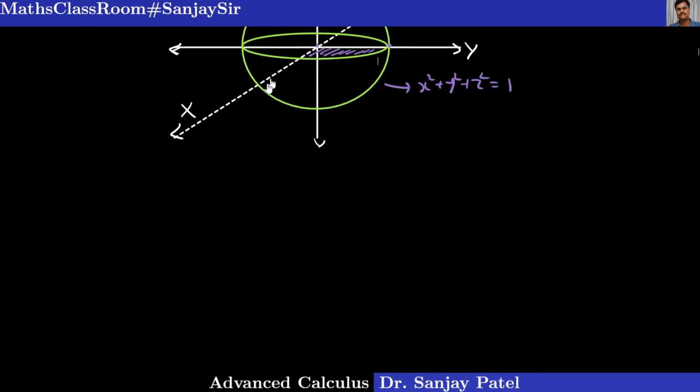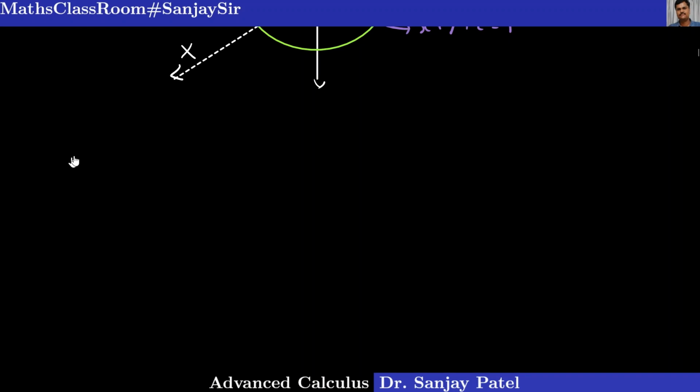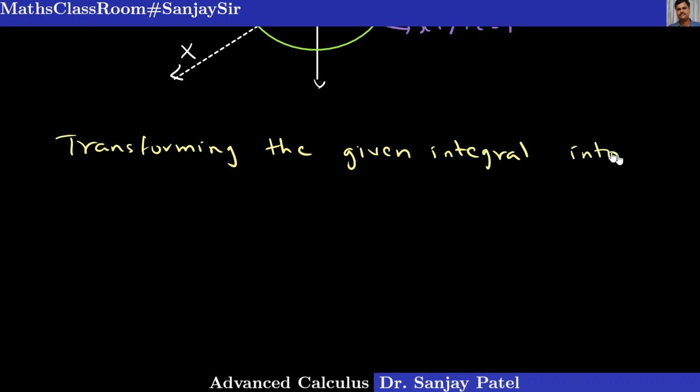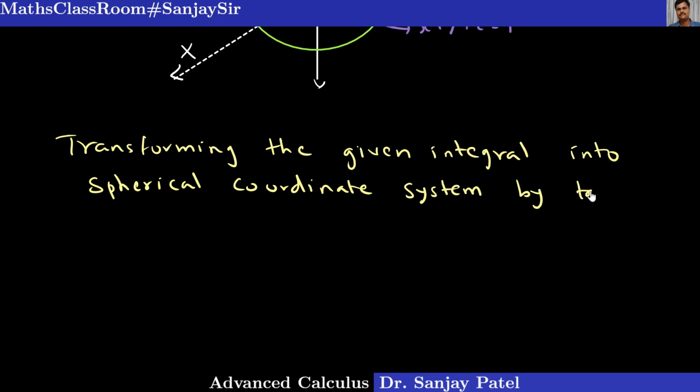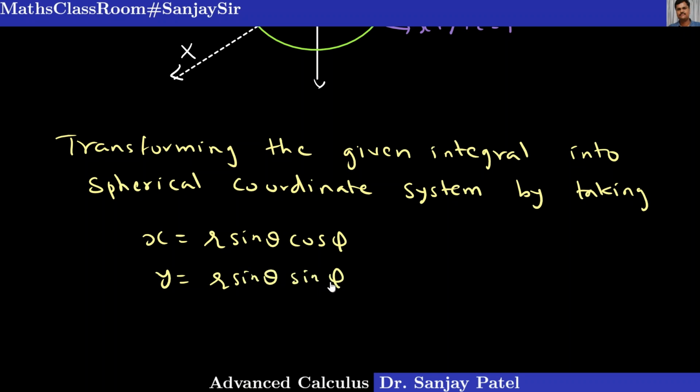So we transform the given integral into spherical coordinate system by taking again the same thing, x equal to r sine theta cos phi, y is equal to r sine theta sine phi, and z is equal to r cos theta.